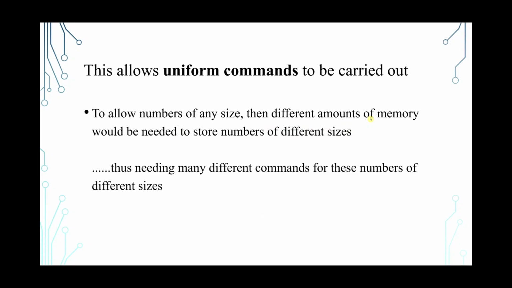This allows uniform commands to be carried out. To allow a number of any size, then different amounts of memory would be needed. It would also make me save some memory. If I know that the range is going to be from 0 to 127, then I should use bytes, right?